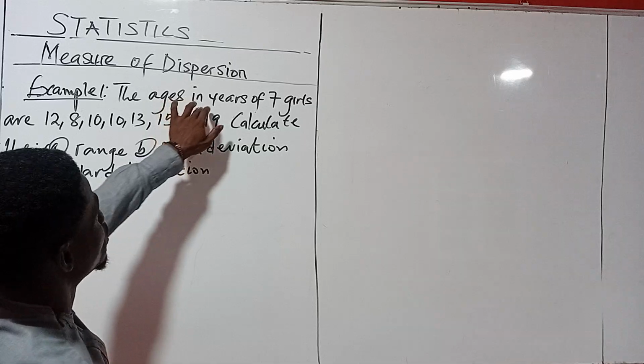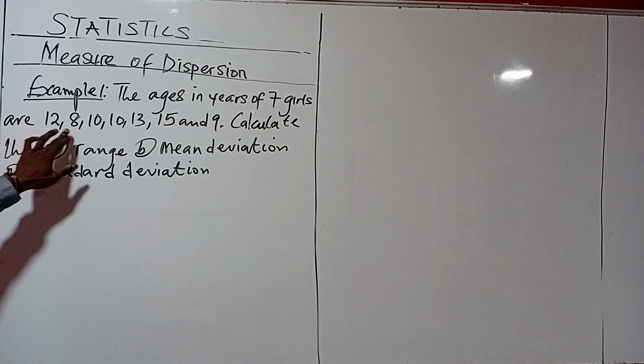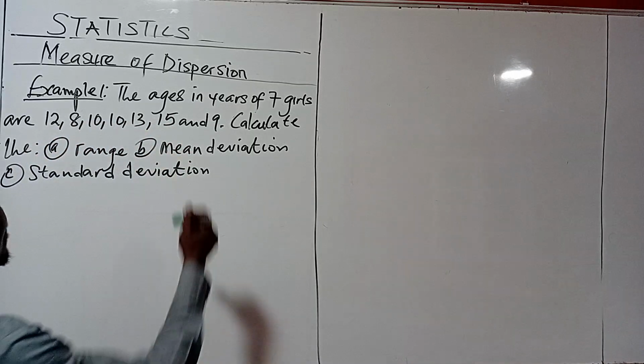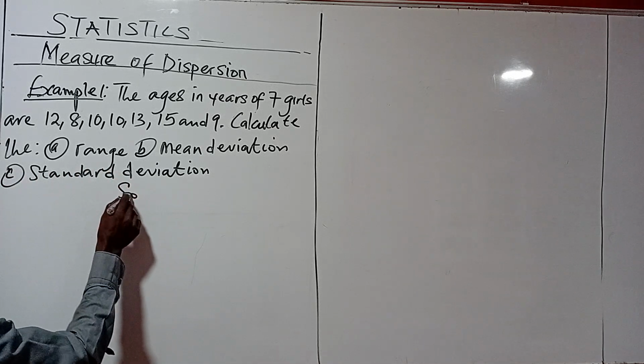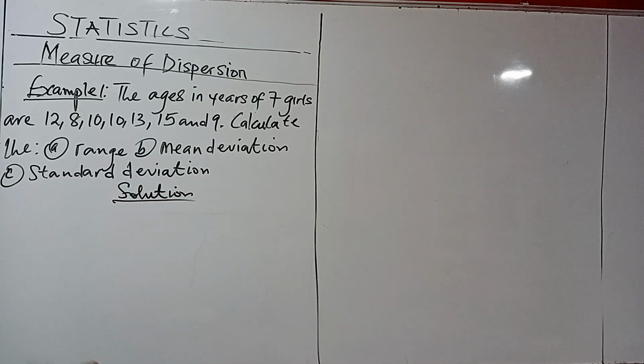The ages in years of 7 girls are 12, 8, 10, 10, 13, 15, and 9. Calculate the range. We have to calculate the range. And what is the range?